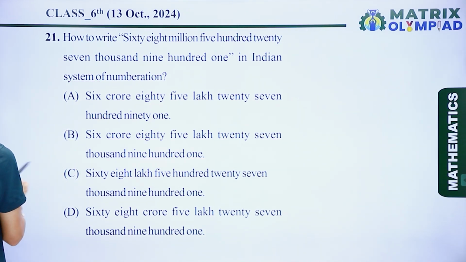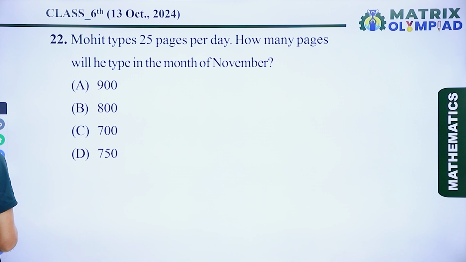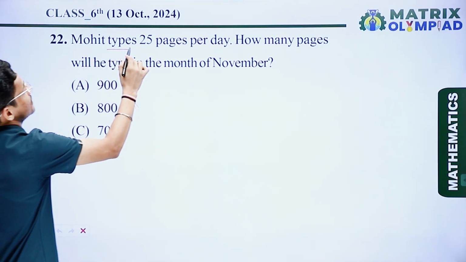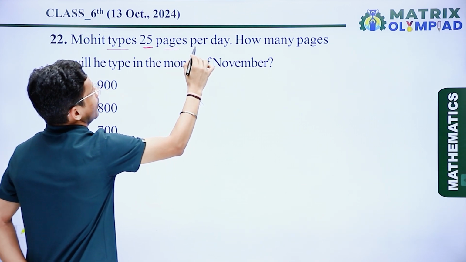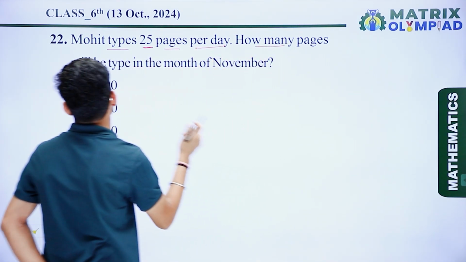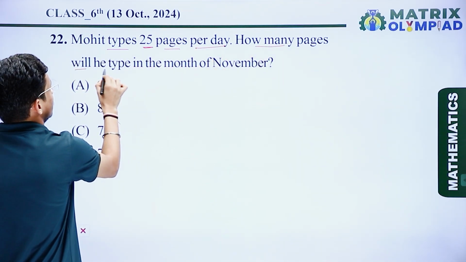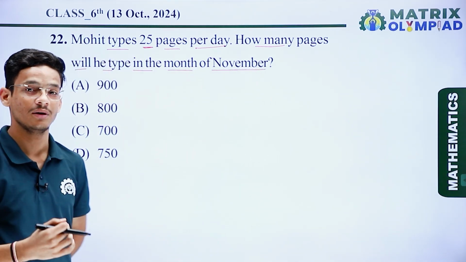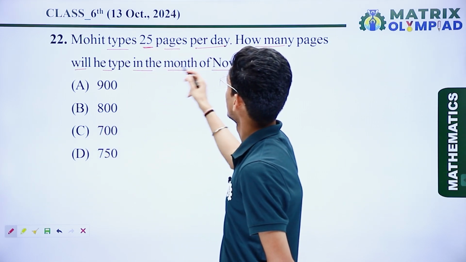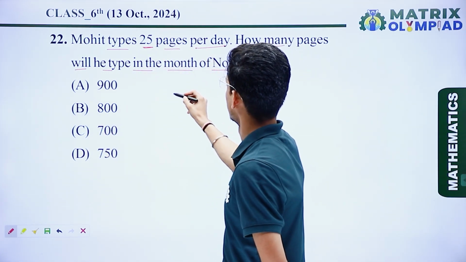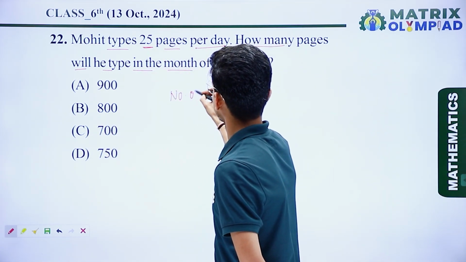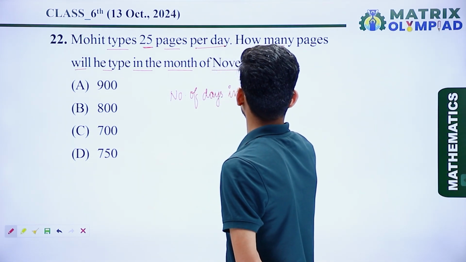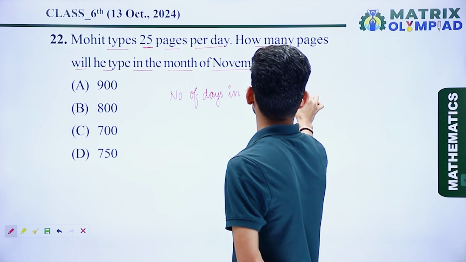Now the next question is, Mohit types 25 pages per day. How many pages will he type in the month of November? Here it is given that Mohit types 25 pages in one day. The number of days in November is 30.